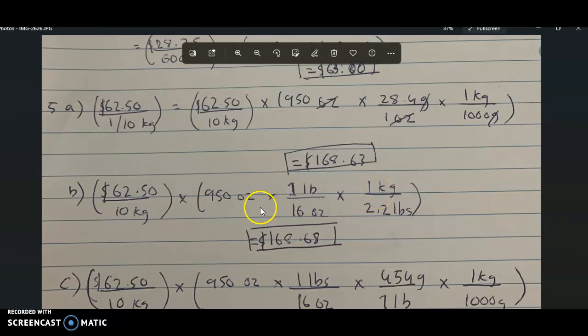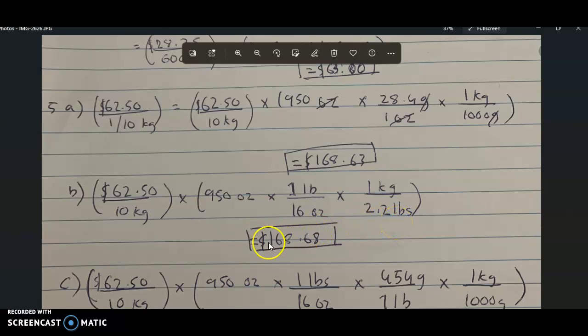what I did was, so over here it's going to be the same price and unit. For the amount, I took 950 divided by 16 ounces, because we know 1 lb is equal to 16 ounces, and then divided again by 2.2 lbs, because we know 1 kg is equal to 2.2 lbs.